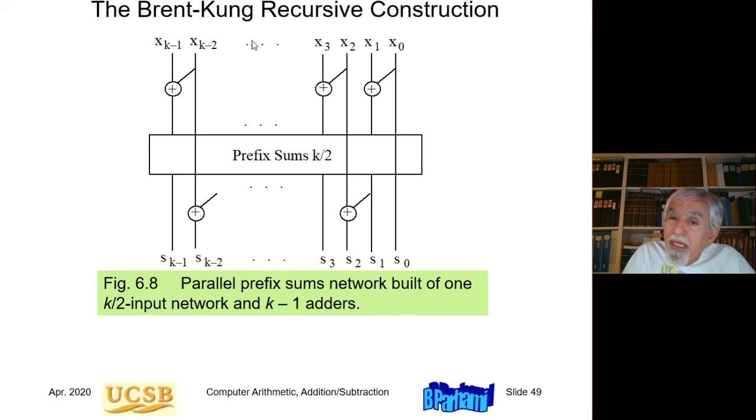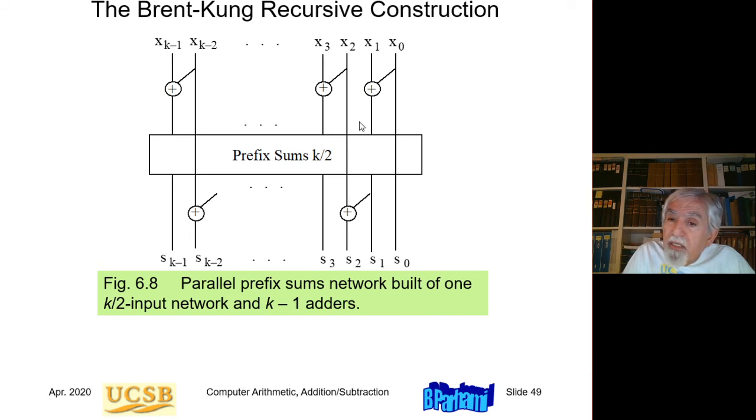Again, I'm assuming k is even. And then these sums of 2 numbers, x0 plus x1, x2 plus x3, and so on, are fed into this prefix sums circuit, which is half the size because there are half as many of those numbers as there were inputs. All the other lines go through. They don't connect to that box.